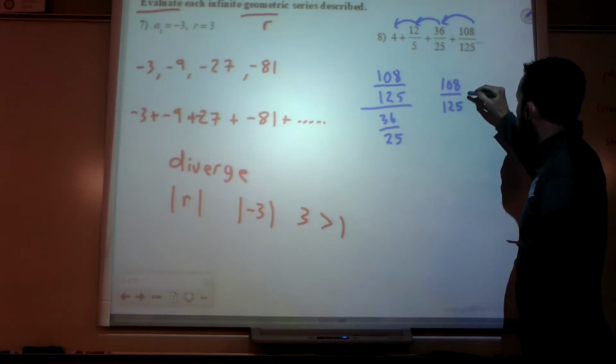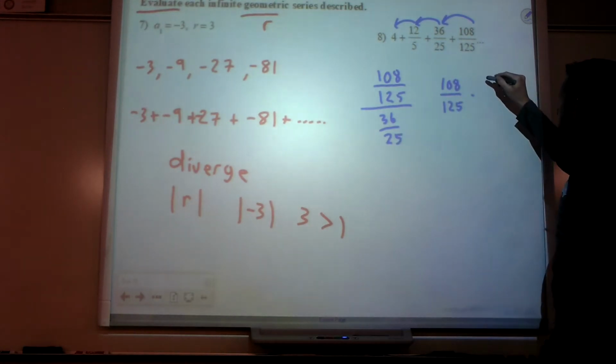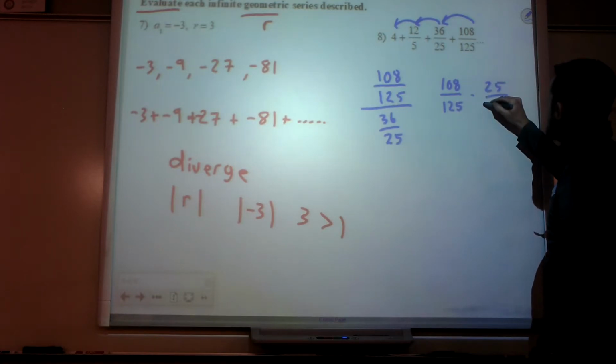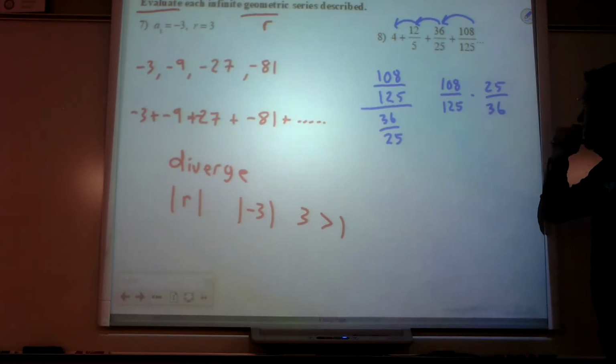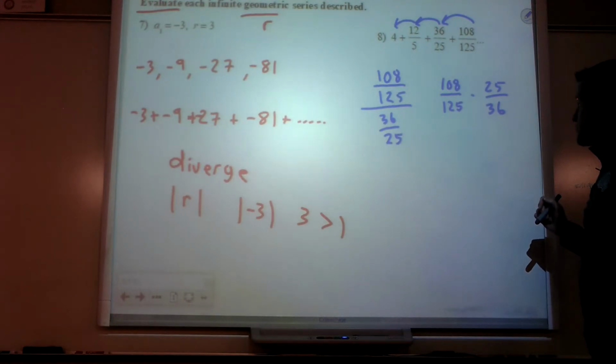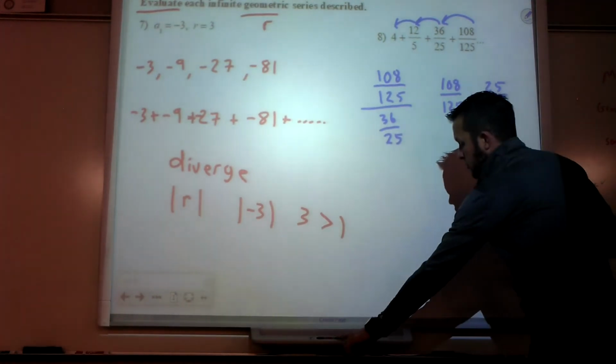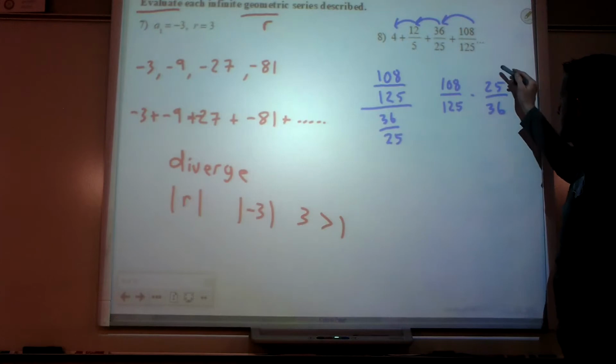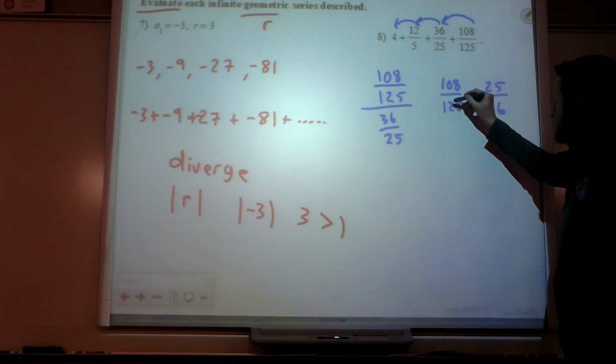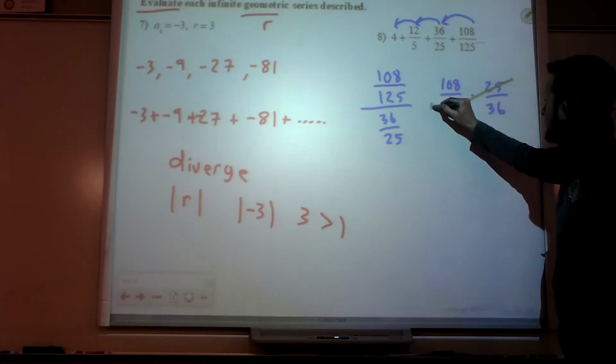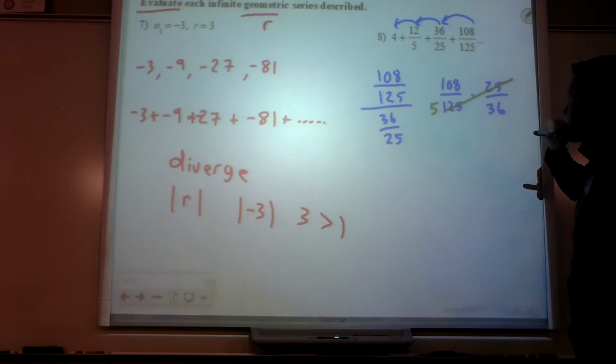In other words, we're going to multiply by the reciprocal. Now when I do that, I'm going to try to reduce this. 25 is 5 squared, and 125 is 5 cubed. So I can basically cross those out and just leave a 5 there.